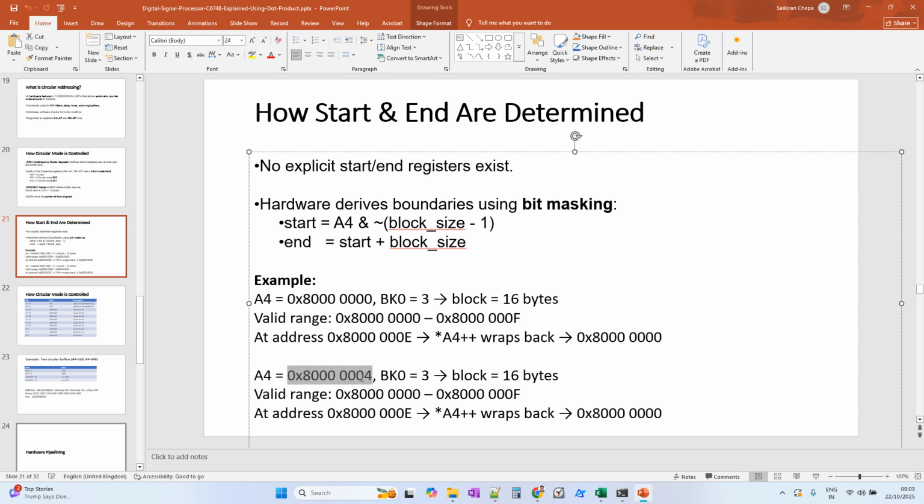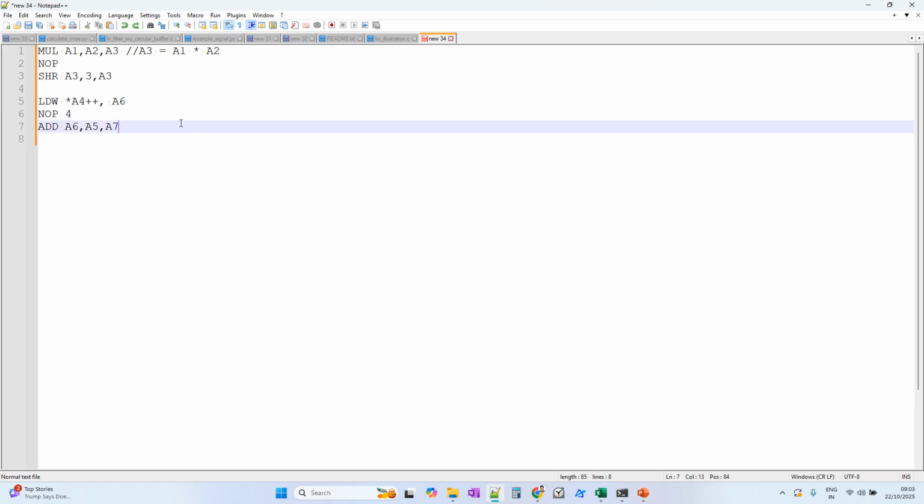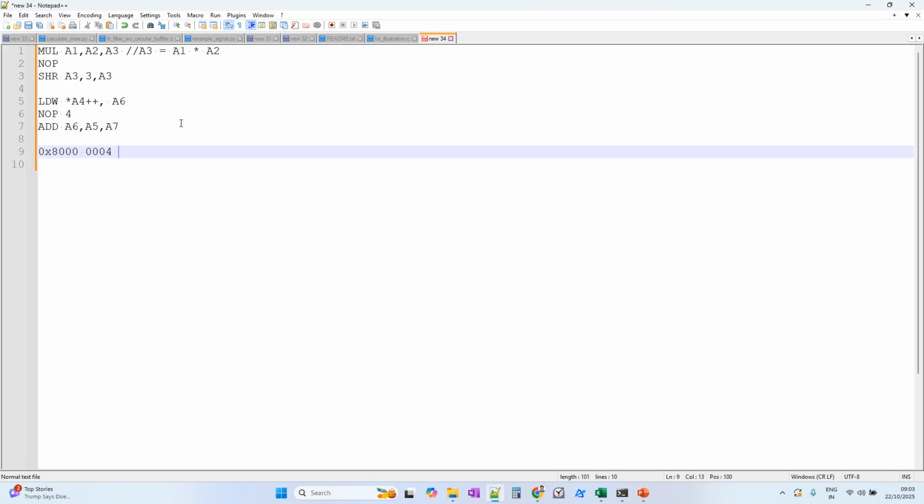If you give an address like this also, the valid range is this one. Why? We take this and AND it with FFFF0.